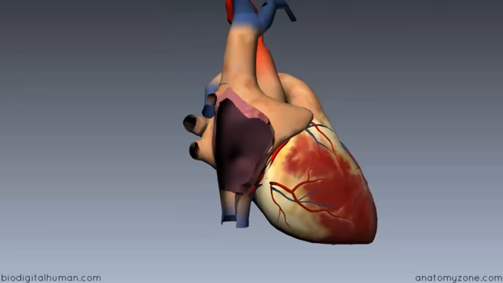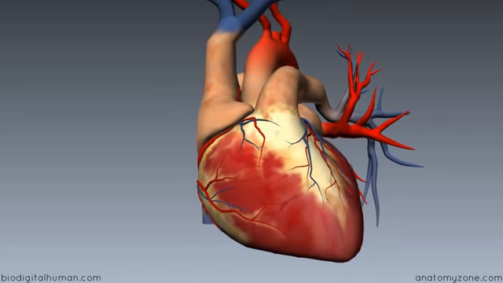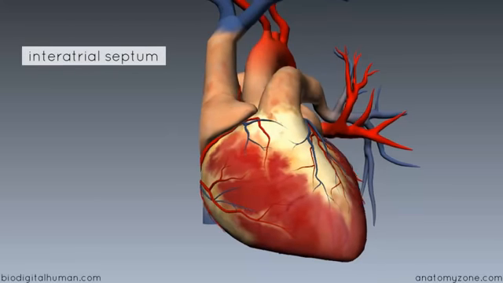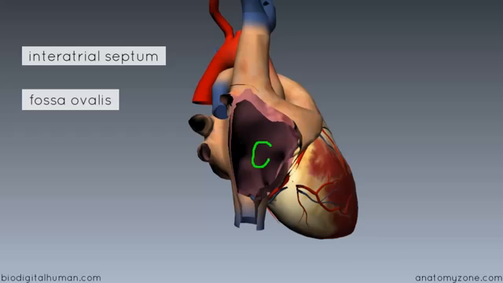Coming back to this sliced heart, between the right atrium and the left atrium you've got the septum called the interatrial septum. If we rotate around the model, this wall here forms the interatrial septum. Something which isn't shown on this model is the fossa ovalis. As the name suggests, this is an oval-shaped depression.